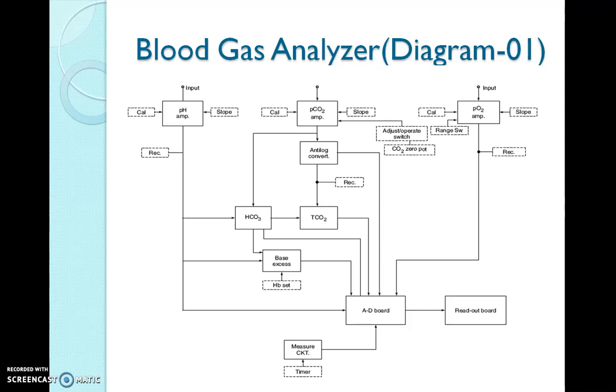The overall output of this circuit goes to an A to D converter for the display. Resistance R is used to adjust zero at the output. By this we are able to find the total CO2, by summing the output signals of the HCO3 calculator and the output of the PCO2 amplifier, which facilitates adjusting the slope and zero at the output.